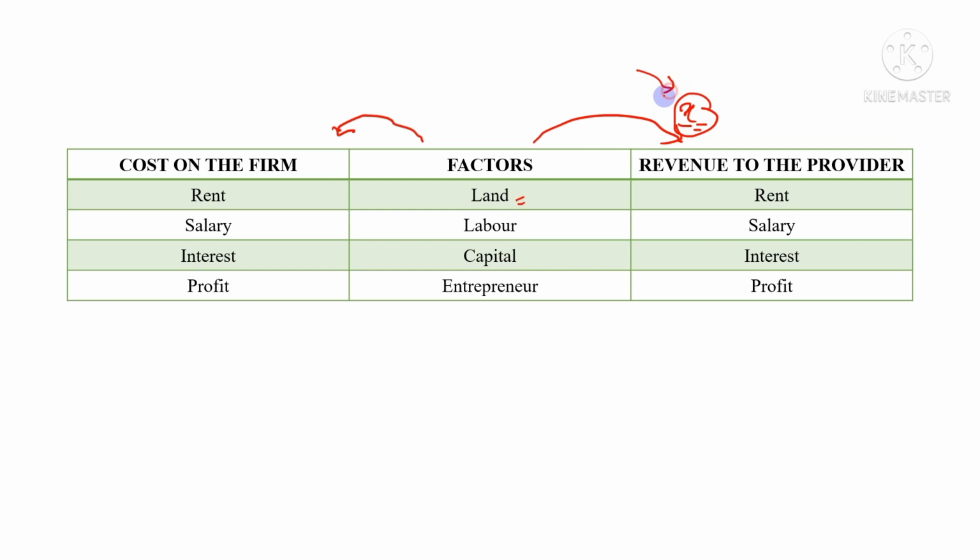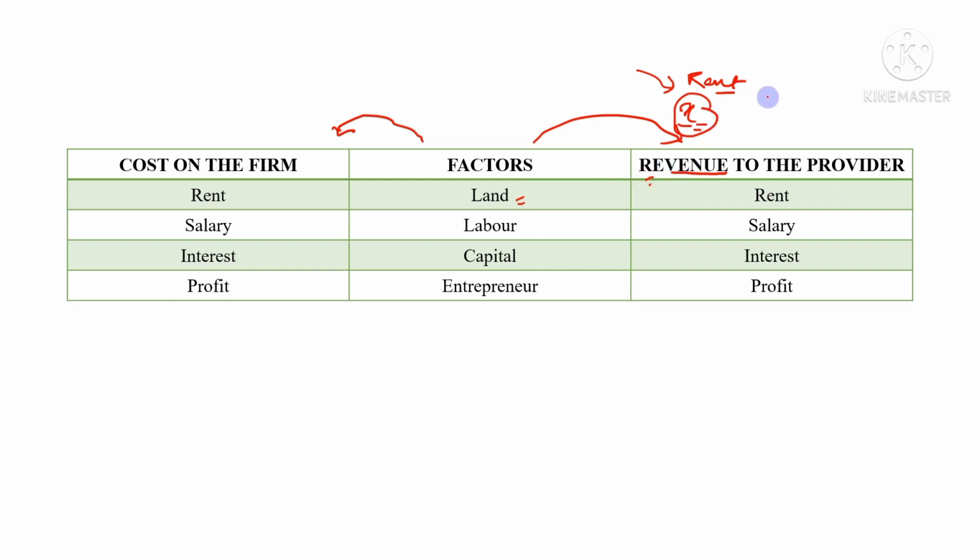The firm will have to pay a rent amount, whatever rent they have agreed on, to person X, and person X is getting revenue out of this piece of land from the company. That means the factor land is costing the firm, and at the same time the same amount is being given to the provider as revenue.